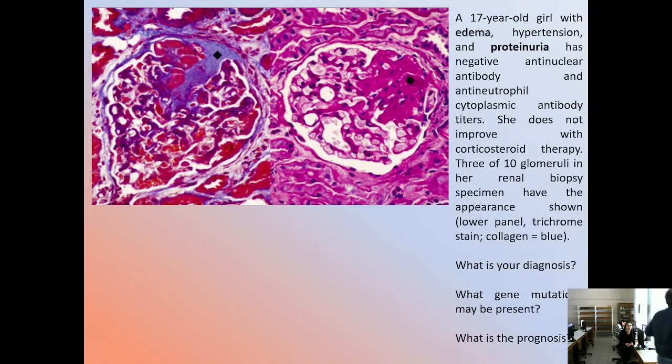Thus, the diagnosis of focal segmental glomerulosclerosis is a diagnosis by exclusion. You must have negative or non-specific immunofluorescence and this pattern of sclerosis in less than half of the examined glomeruli. So that was the podocytopathy.